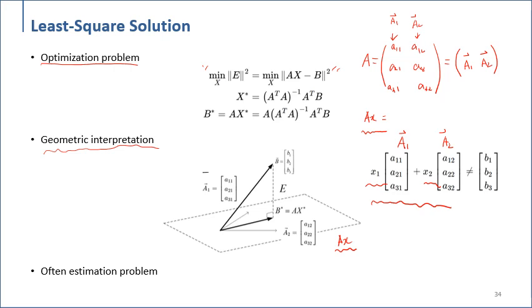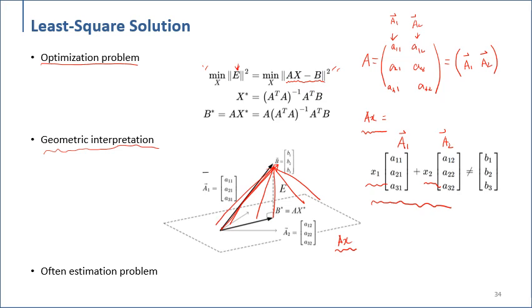Then by definition, the error measures the difference between Ax and b. So the b vector is like this, and the error can be any vector that measures the difference between the b vector and the plane.